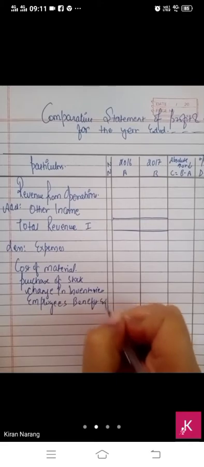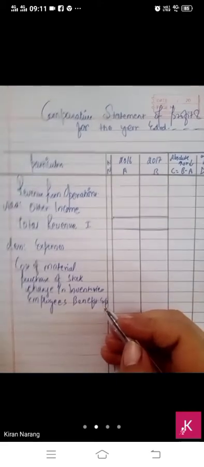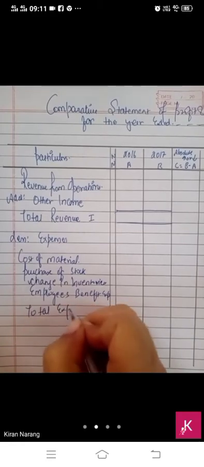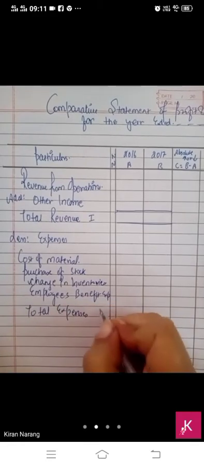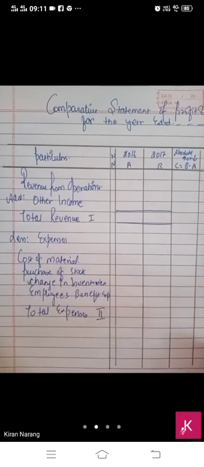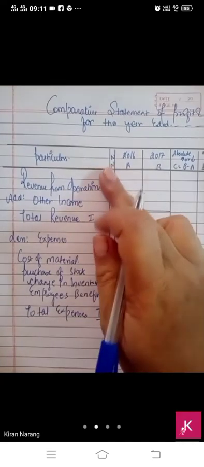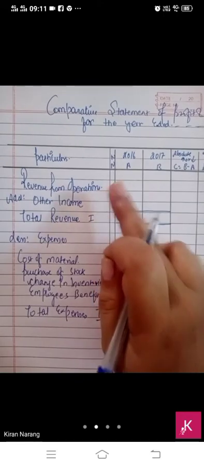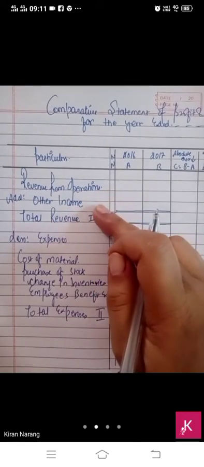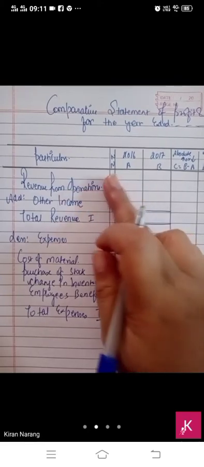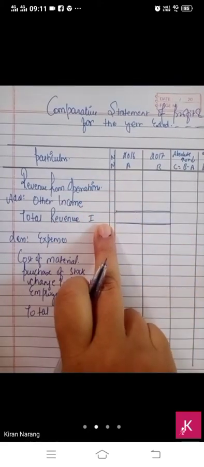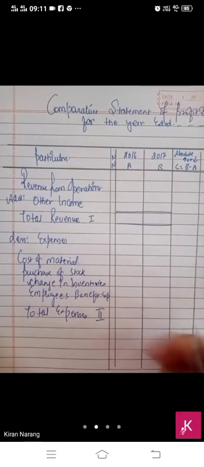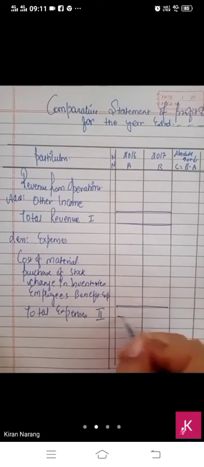Whatever we are spending, that will be your expenses, and you have to do the total expenses. That will be the second part of the question. First we have calculated the total income. Revenue from operation is the business income, sales, and other income from any other source, we will add that. Total whatever we are receiving, that will be our total revenue. Then we will total up the expenses, and this will be the total expenses.